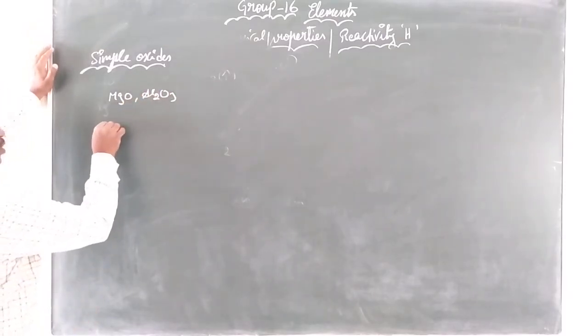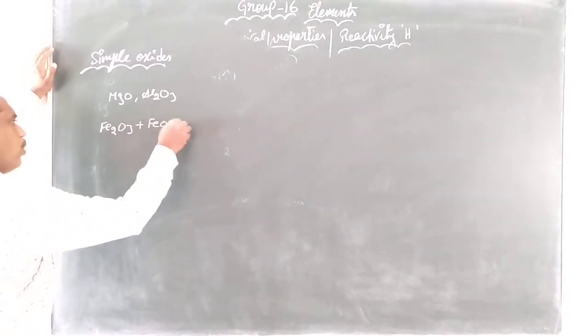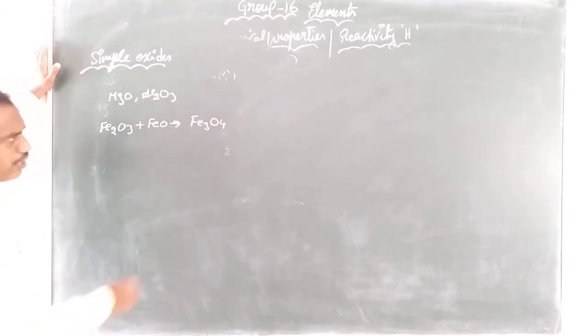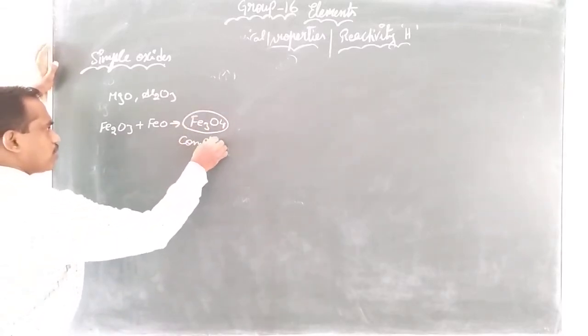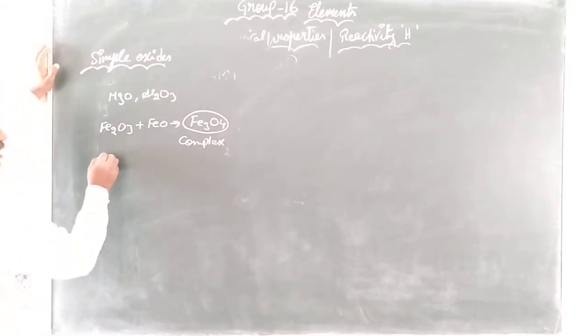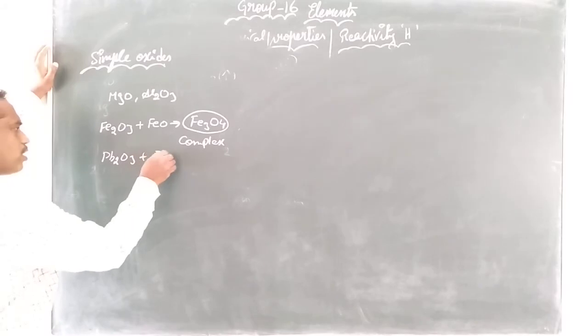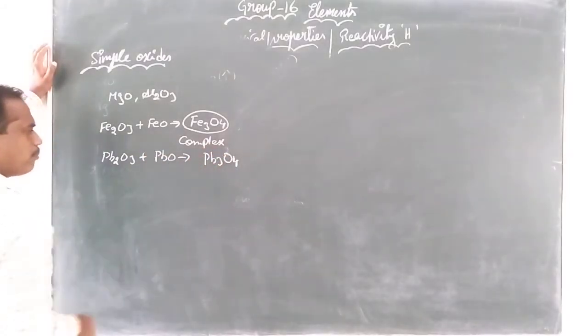But once you see the combination of Fe2O3 and FeO, it is forming a mixture of oxide Fe3O4. So this is called a complex oxide. The same you can find with lead. Lead dioxide is combined with lead oxide to form Pb3O4.